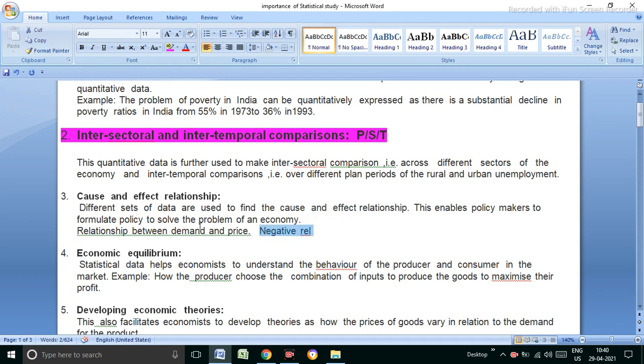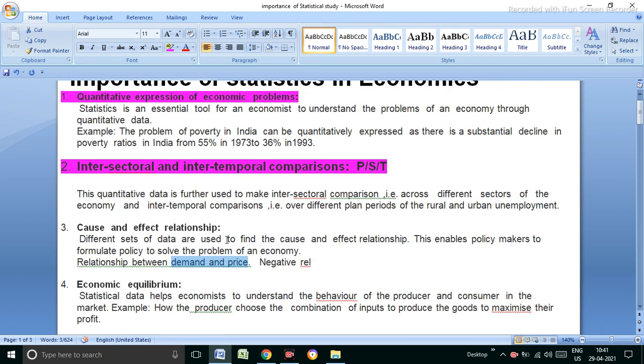This type of theory or model is created with the help of statistics, but we use it in economics. In microeconomics we study demand and price, and we know the relationship: there is a negative relationship between demand and price. Who estimated and determined it?